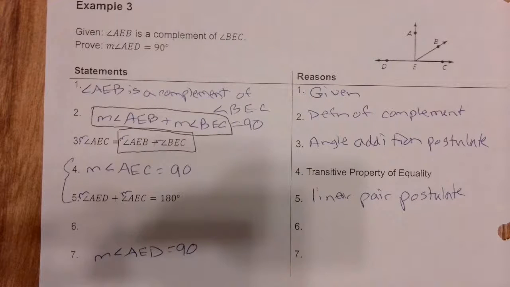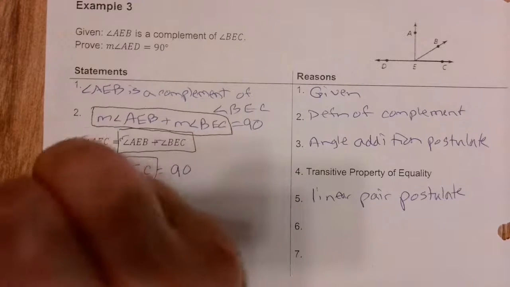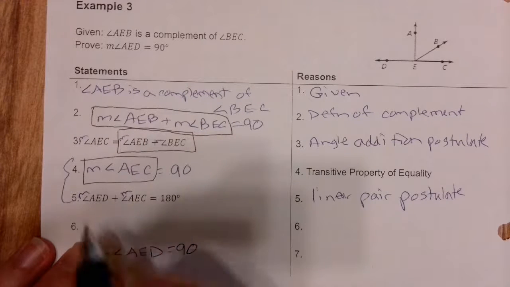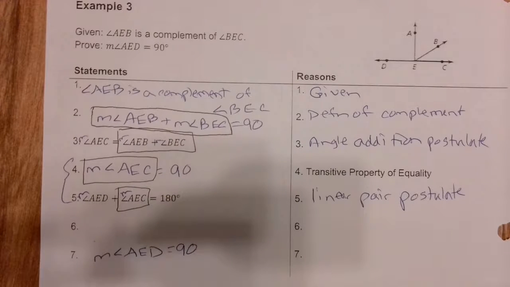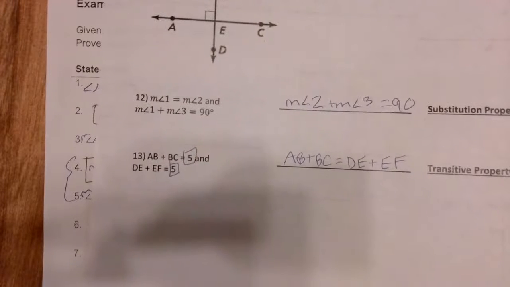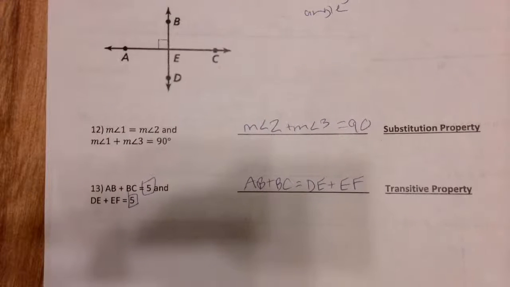Well, look, line 4 has a measure of angle AEC, and line 5 has a measure of angle AEC. Because they have that thing in common, we can actually do either 12 or 13. We have to decide which one's appropriate here.